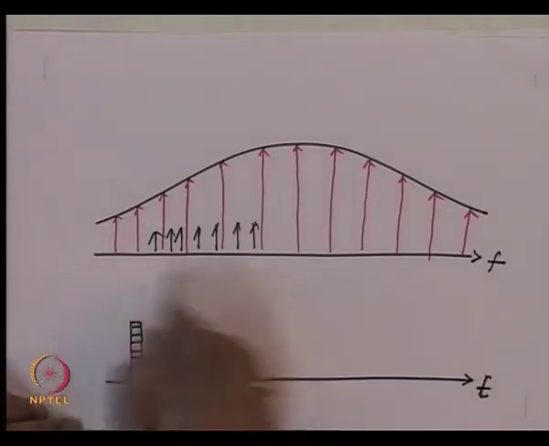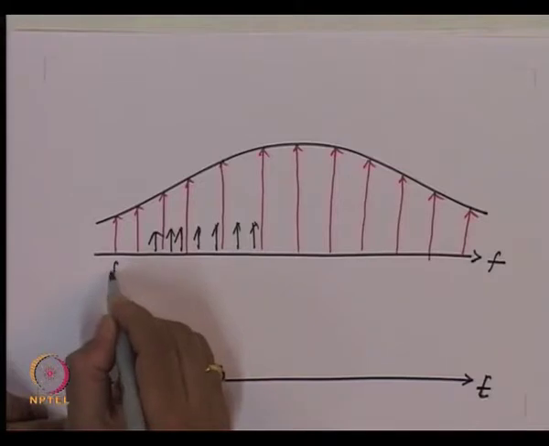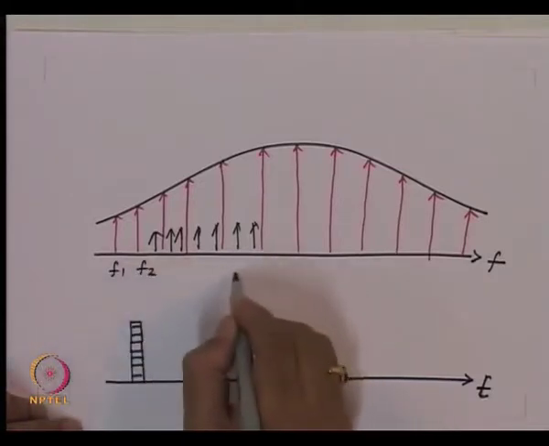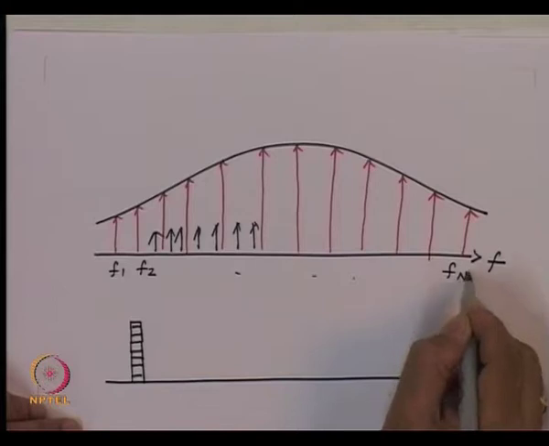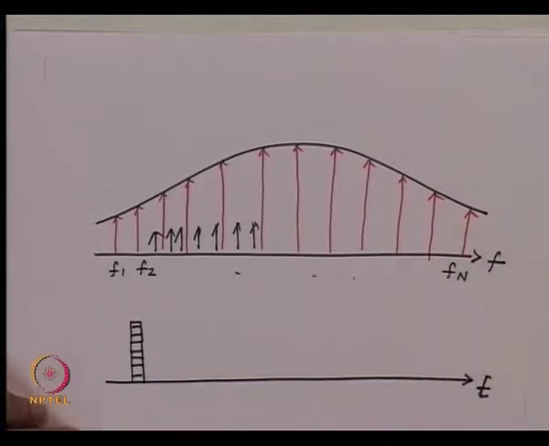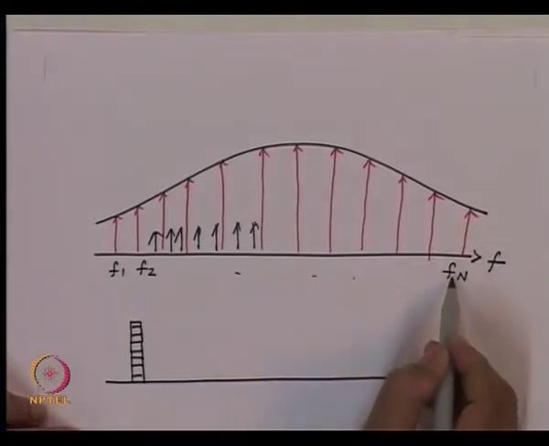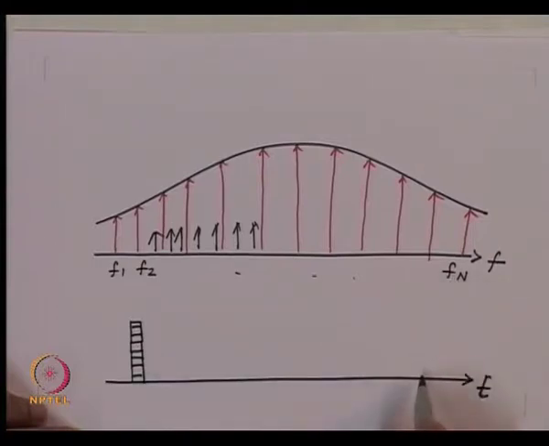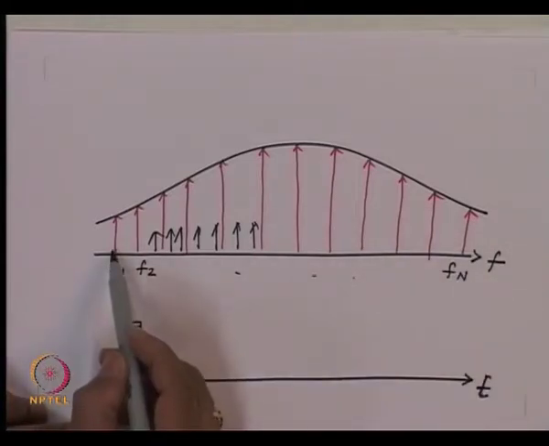So let us say if I number these frequencies F1, F2 up to, let us say, some Fn, the pulse riding on Fn will travel more distance because it is traveling faster compared to the pulse riding on frequency F1.